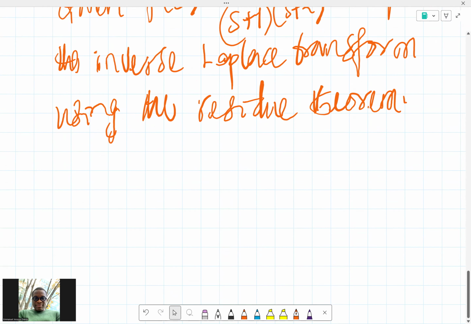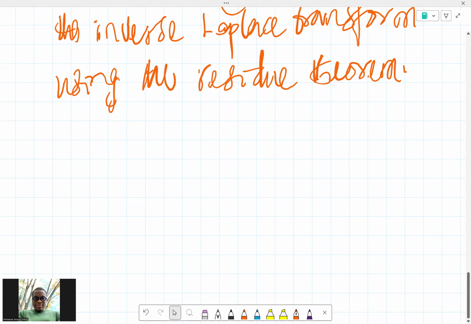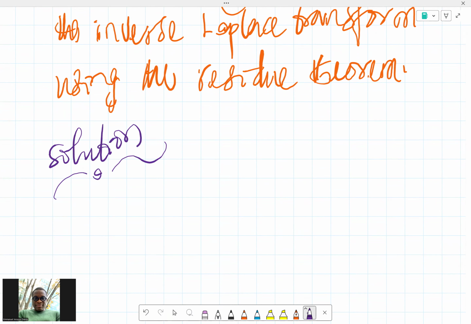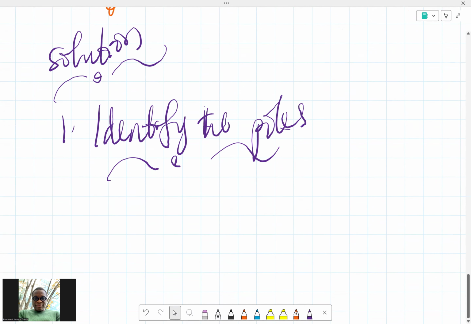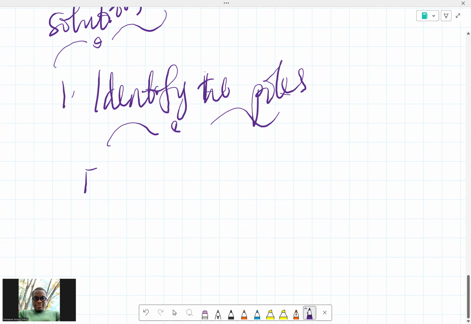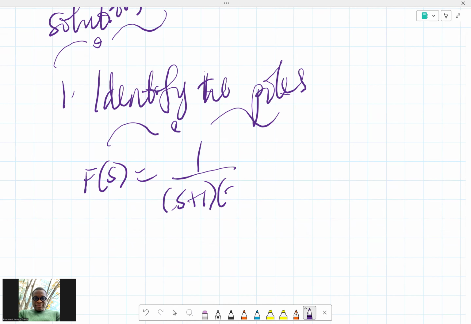Now, solution. The first thing is to identify the poles. We have F of s equals 1 over (s plus 1)(s plus 2).